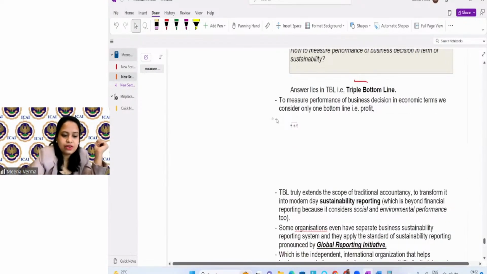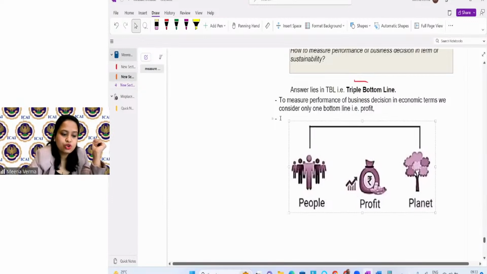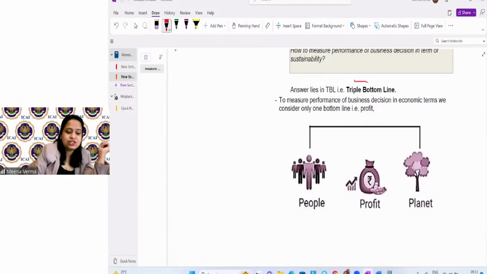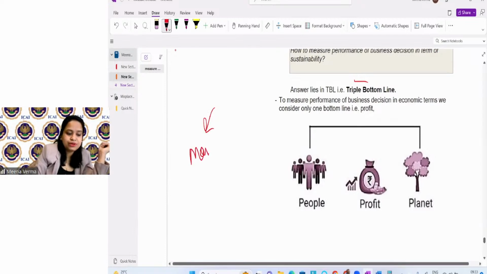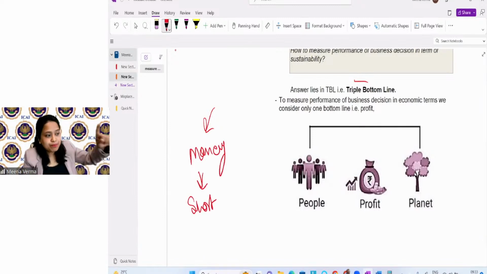Because देखो, if the organization is just focused on making money, profit, पैसा पैसा करते हो, क्यों पैसे पे तुम मरते हो, right? So if the organization will just focus on money, what will happen? This is actually a short-term goal. If the customer is not happy, if the environment is not good, if the people are not happy, one day your organization will be finished.